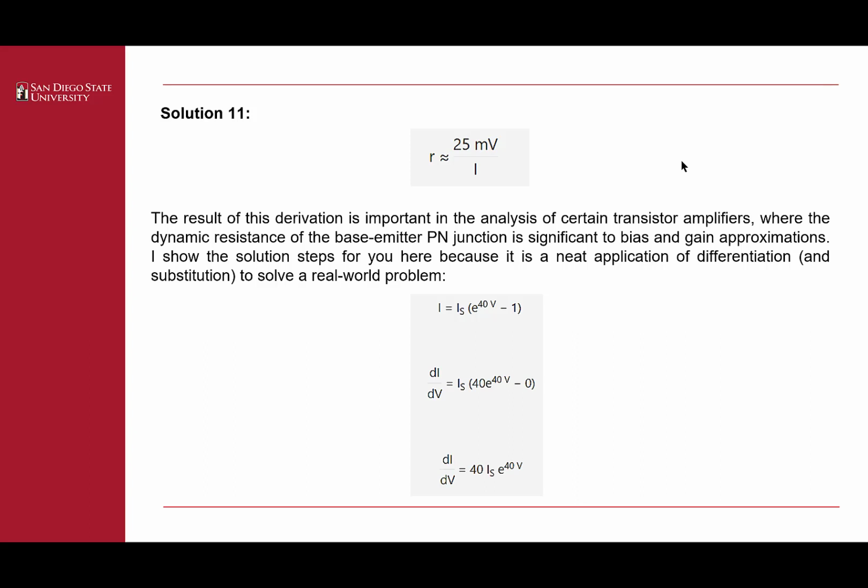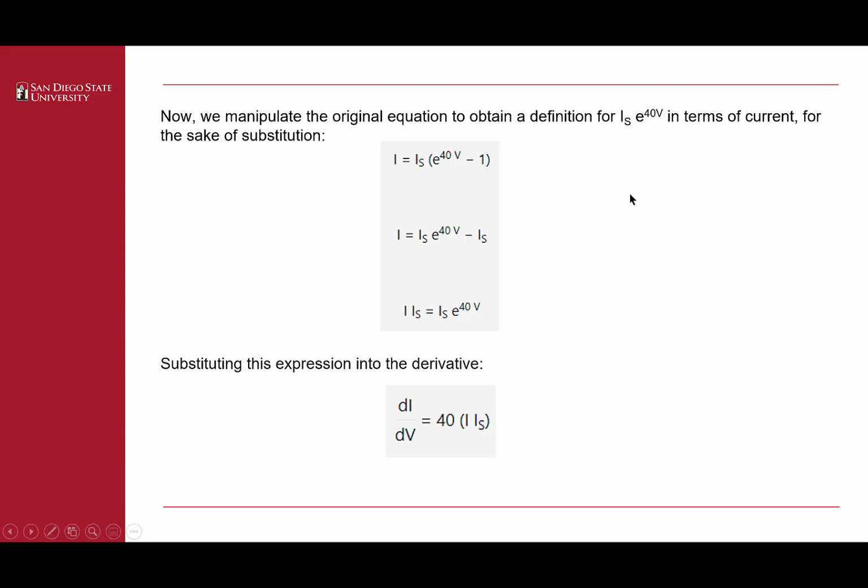And in the next step, we will get dI over dV, which is 40 times Is times e to the 40V. Now we have to manipulate the original equation to obtain a definition for Is times e to the 40V in terms of current.